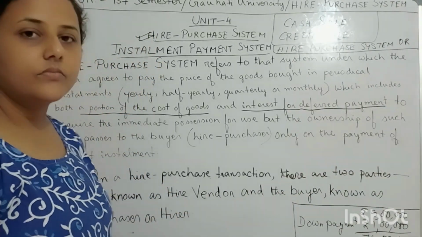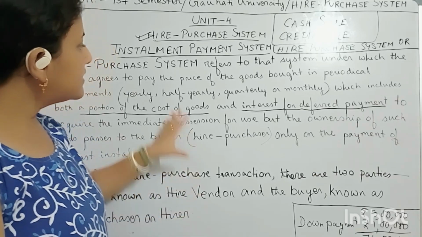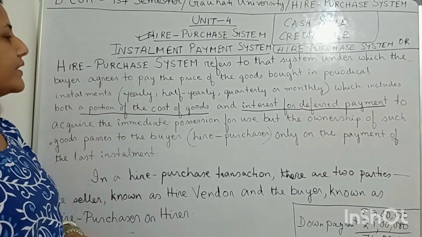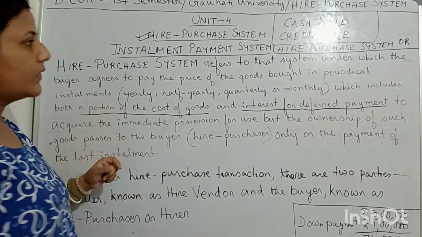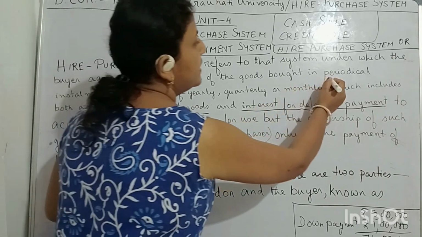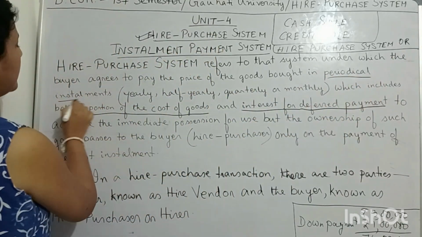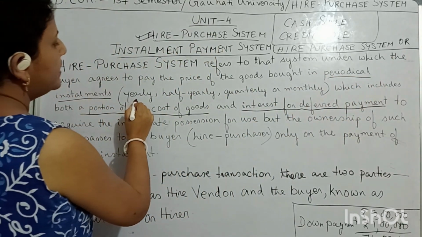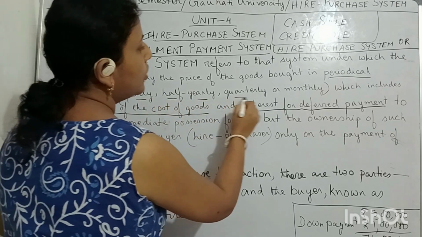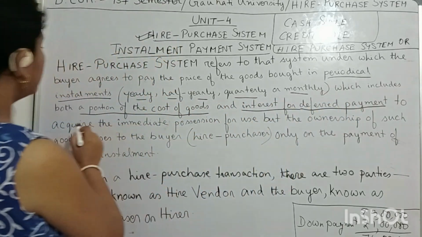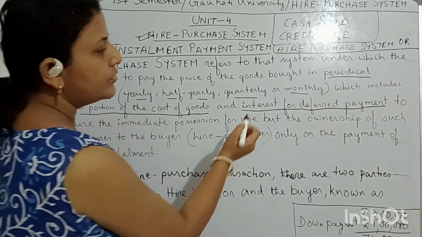So, in periodical installments, there are installments yearly, half yearly, quarterly or monthly, which includes both a portion of the goods and interest for deferred payment.